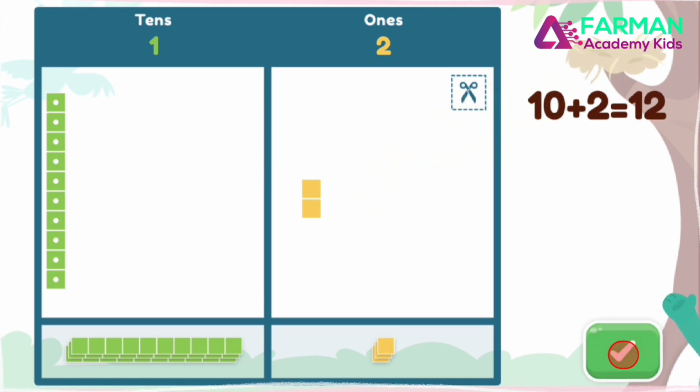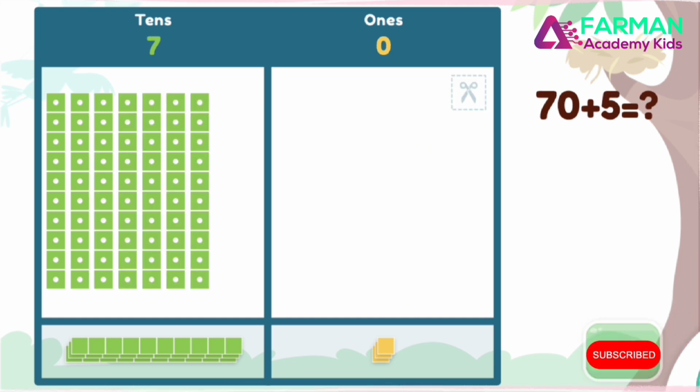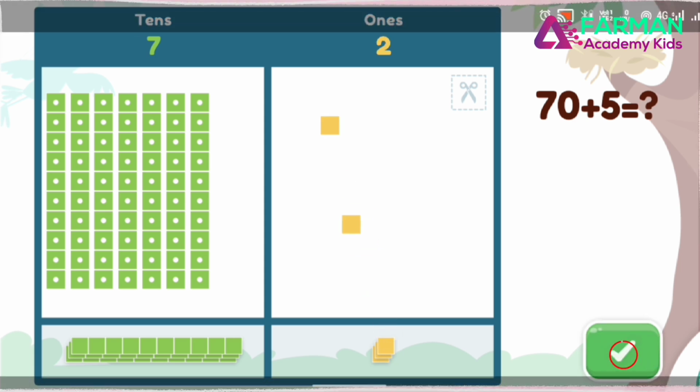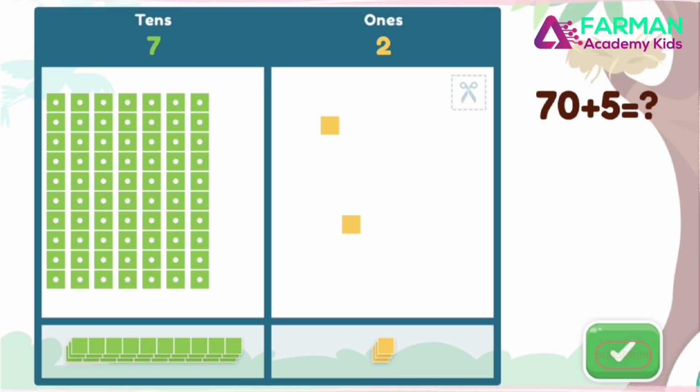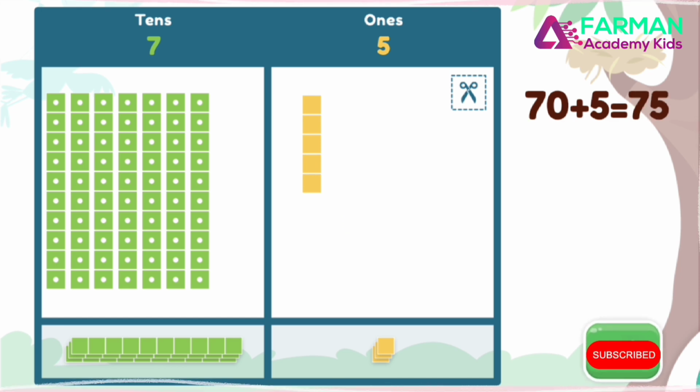Sweet! 10 plus 2 equals 12. Use the rods and blocks to solve the equation. 70 plus 5. Good job!